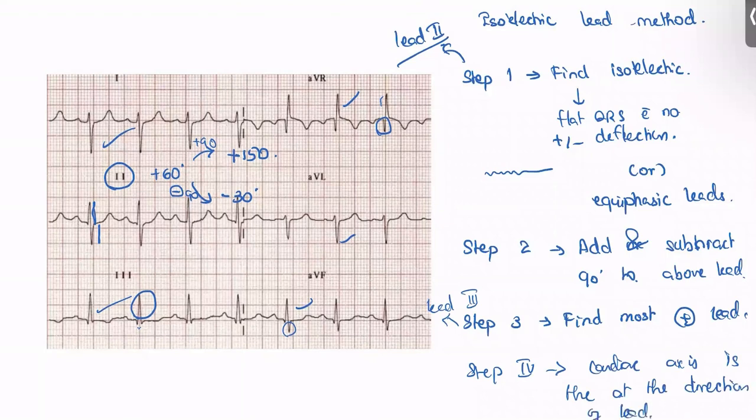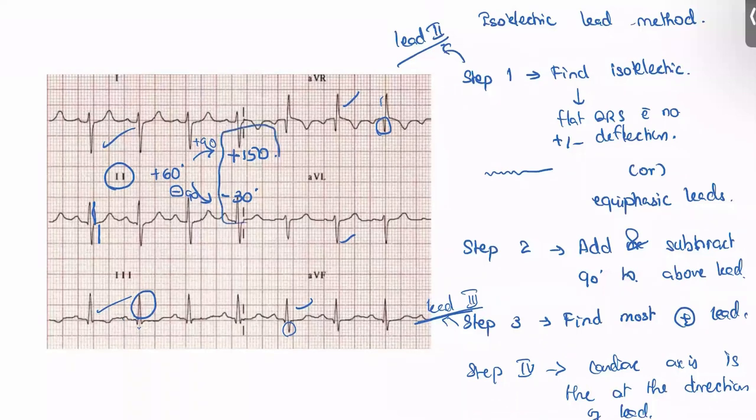So we have to choose which one is nearest to lead 3. Step 1, we found the equiphasic lead, that is lead 2, where the positive and negative deflection lengths are almost similar. Step 2, we add and subtract 90 degrees to that lead, giving plus 150 and minus 30. Step 3, the most positive lead is lead 3.